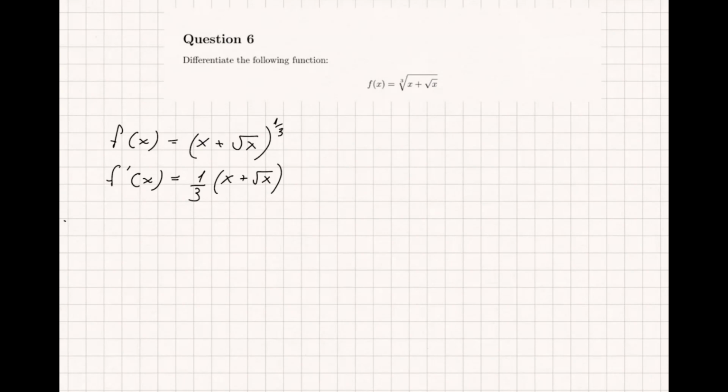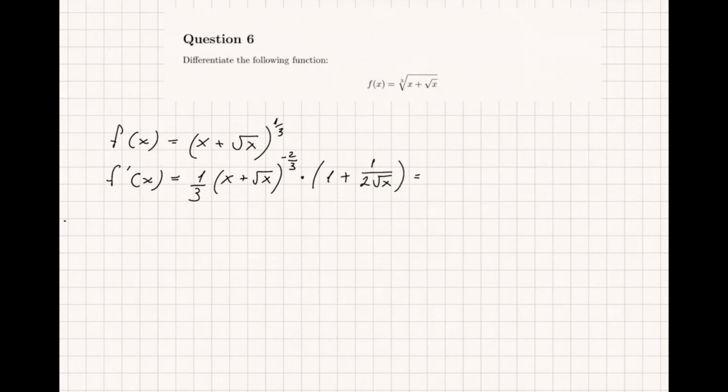Now times the inside, which is the derivative of x, 1, plus the derivative of square root of x, which is 1 over 2 square root of x.